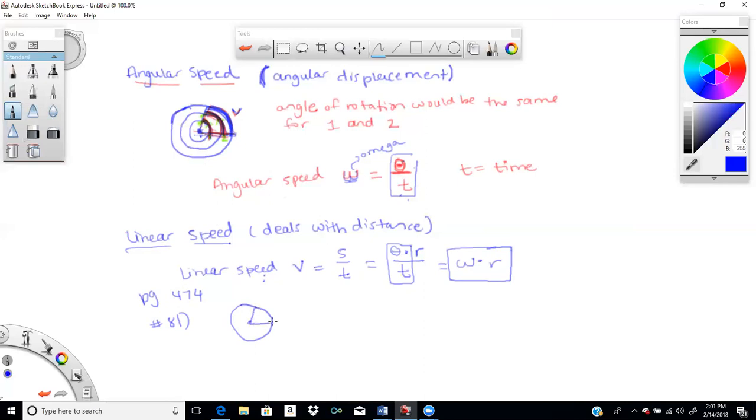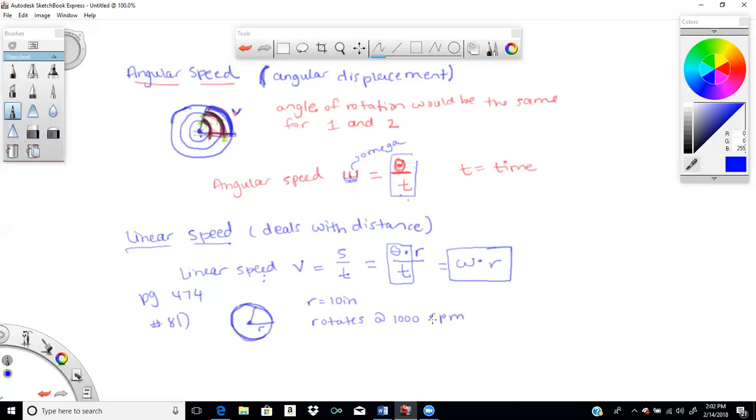So we have something like this. Pretend that's a nice circle, this blade. We got a circular saw blade that has a 10-inch radius, so R is equal to 10. And then it spins at 1,000 revolutions per minute.